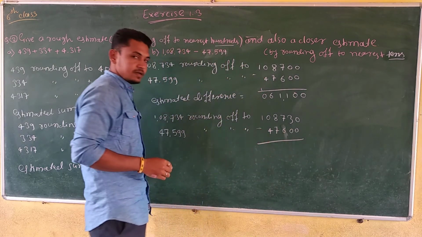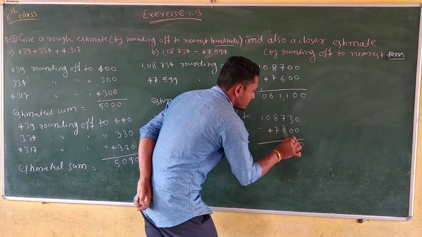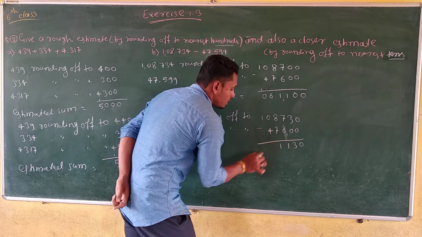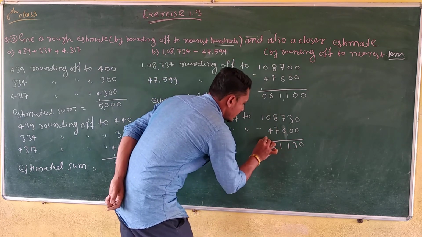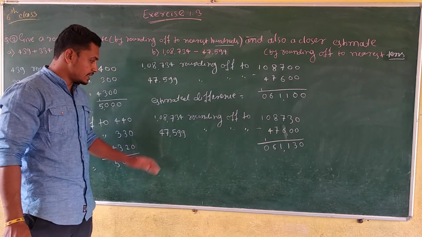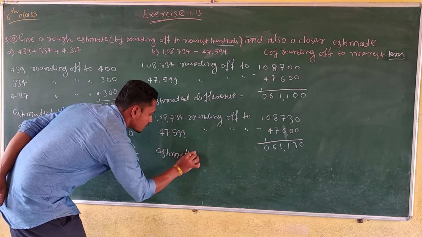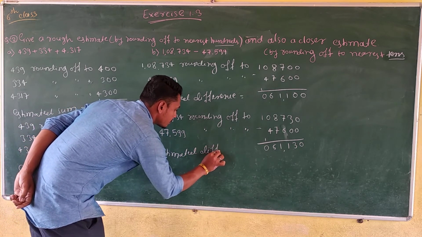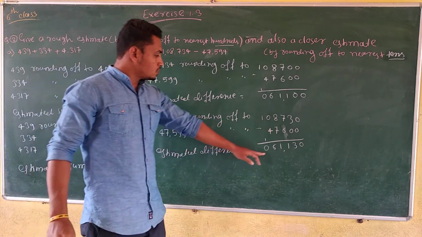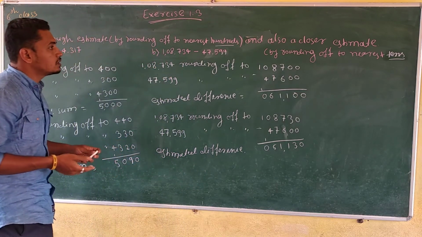Now we have to subtract. 0 minus 0, 0, then 3 minus 0, 3, 7 minus 6, 1, 8 minus 7, 1, and 10 minus 4, 6, 1 carry and 0. 61,130 is the estimated difference. Okay, now we have to discuss the next question.